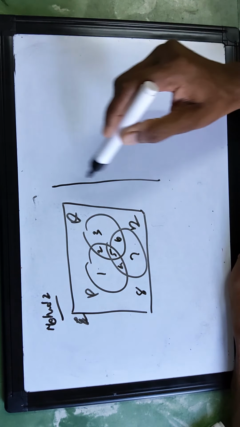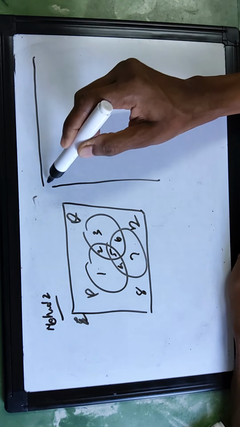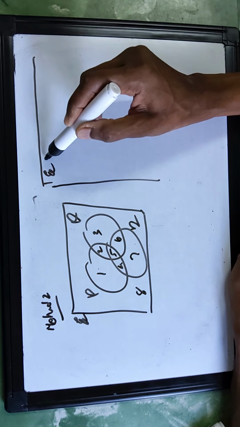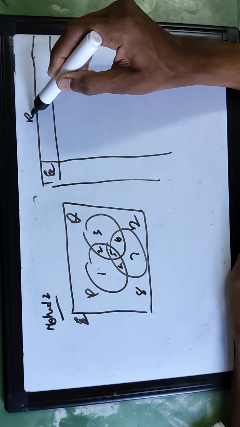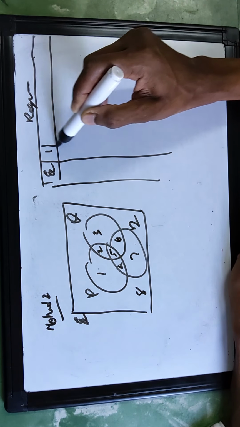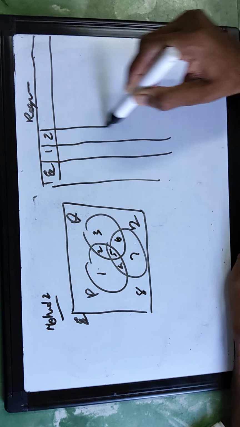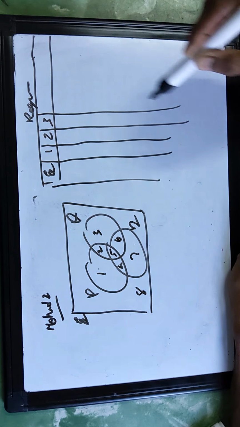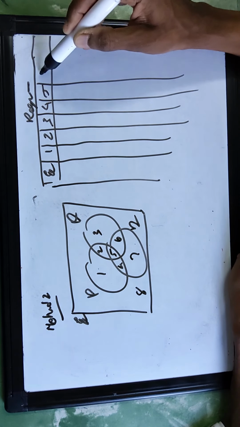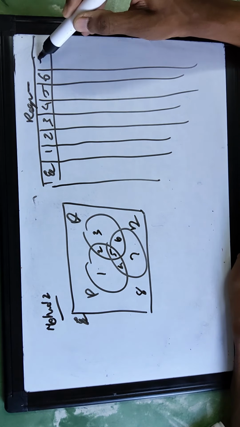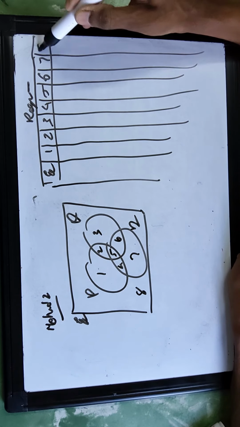What you're going to do actually, we'll draw a table. That's a universal set. So we'll consider regions 1, 2, 3, 4, 5, 6, 7, and 8.